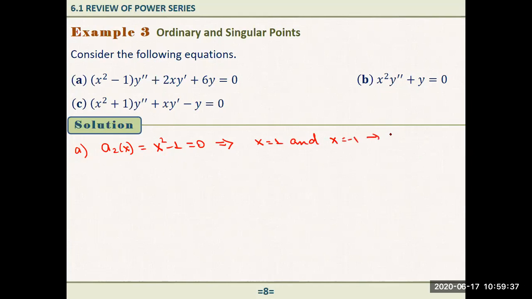These are singular points. That means that if I'm trying to find the power series solution of this differential equation, we should not find it about these 2 points. But you can choose any other points, like about 2 or 3 or 0, but not these points.